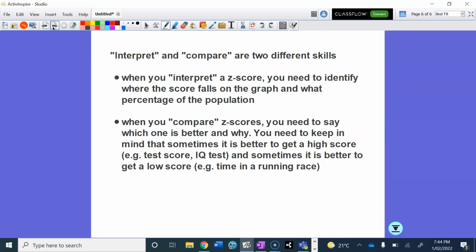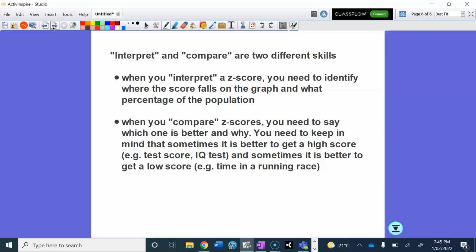Just keep in mind, because we do make it a little bit tricky sometimes. Sometimes it's better to get a high score, and sometimes it's better to get a low score. So when you're saying top 50, bottom 50 or whatever, that's okay. But when you're comparing, sometimes it's better to be in the bottom part of the graph than it is to be in the top. If you think about things like test scores, IQ tests, it's better to be high.